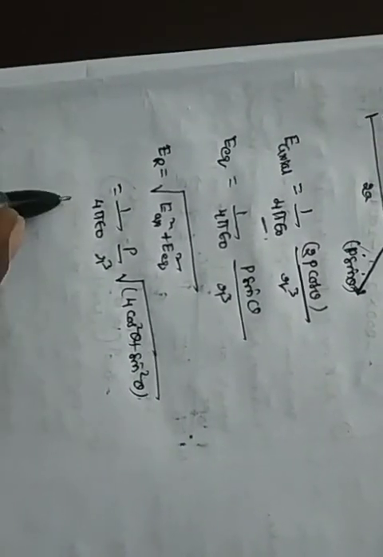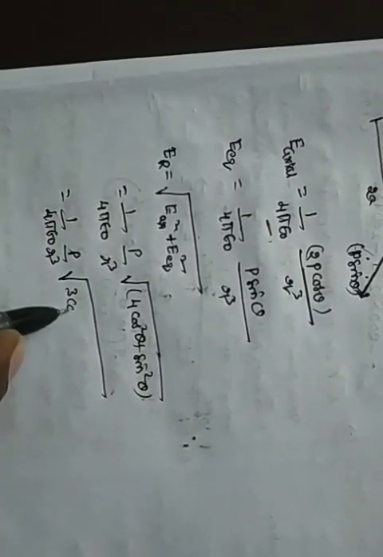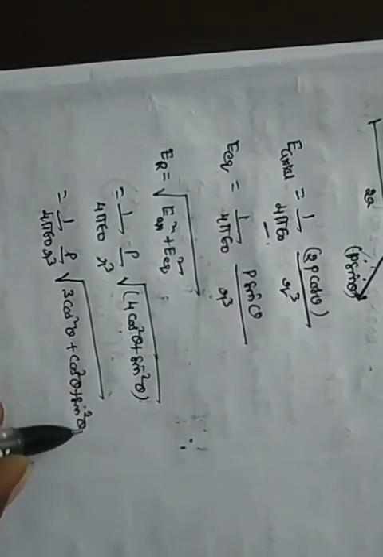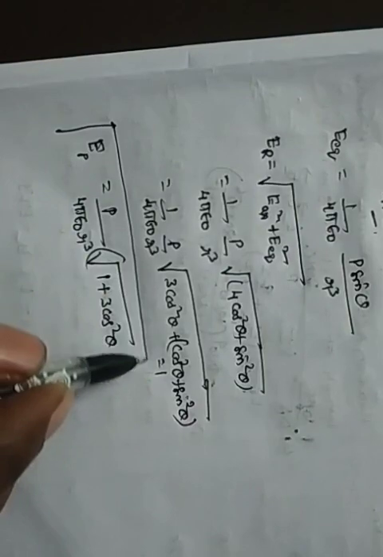Now, put 4 cos square theta as 3 cos square theta plus cos square theta, plus sin square theta. What is the value of cos square theta plus sin square theta? That is 1. Now, p by 4 pi epsilon naught r cube, root of 1 plus 3 cos square theta. This is the general expression for the electric field intensity due to an electric dipole at any point.